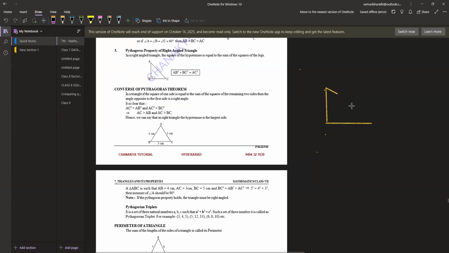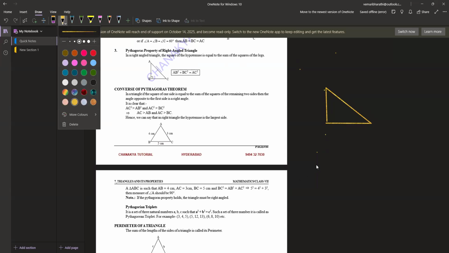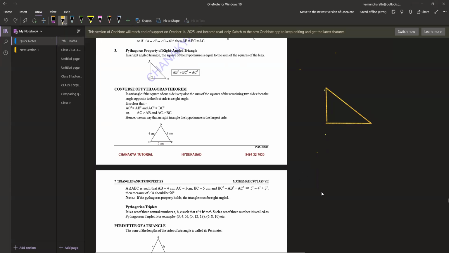In a right angle triangle, we just gave the sides as 3 centimeters, 4 centimeters, and 5 centimeters. Suppose this triangle, name it as A, B, C.